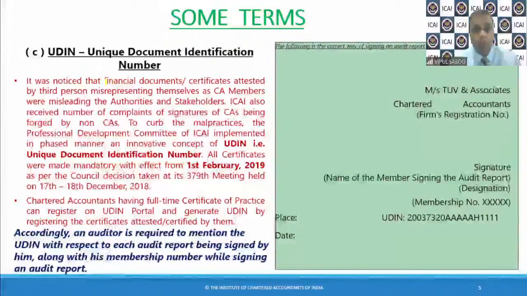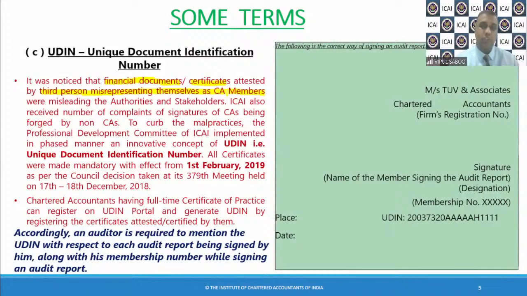It was noticed that financial documents, certificates, attested, where you put on your stamp and sign across as a chartered accountant, were attested by a third person misrepresenting themselves as CA members. The mischievous elements in the society, the third persons, would misrepresent themselves as chartered accountant members and would stamp the document and sign along it.